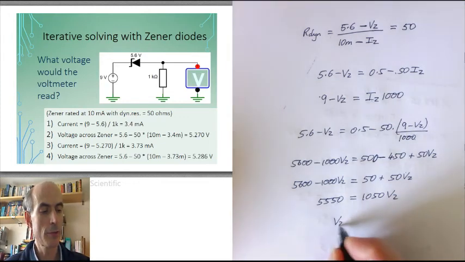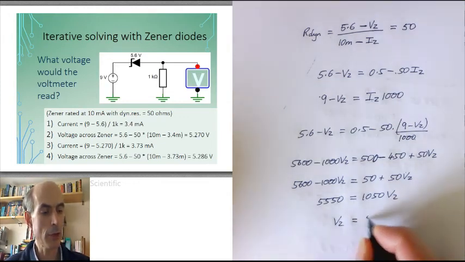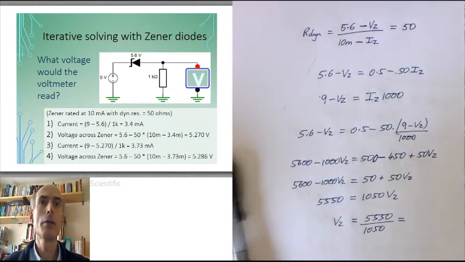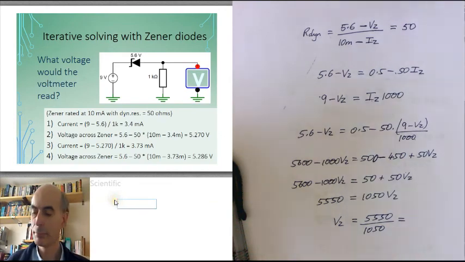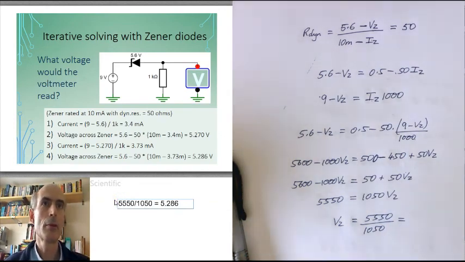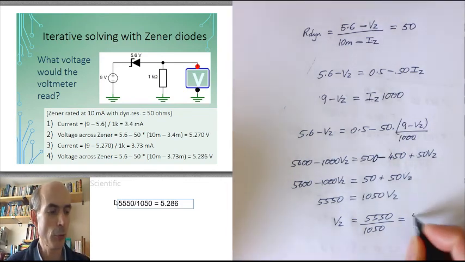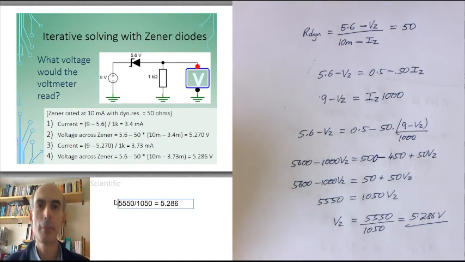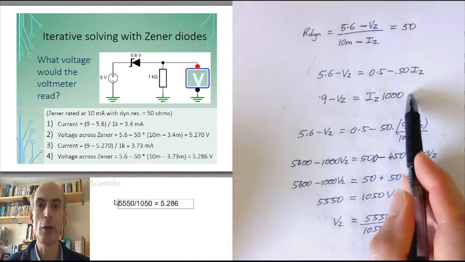In other words, Vz is 5,550 divided by 1,050. And that gives me 5.286 volts directly. No need for any iteration because I'm dealing with linear equations.